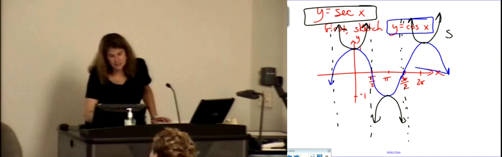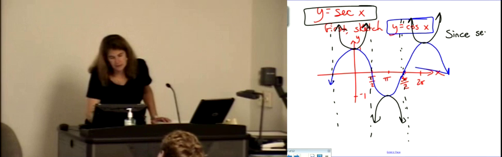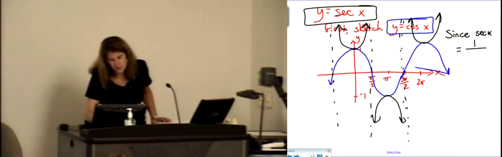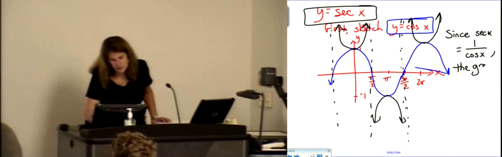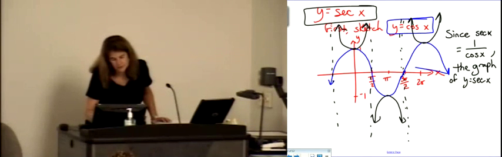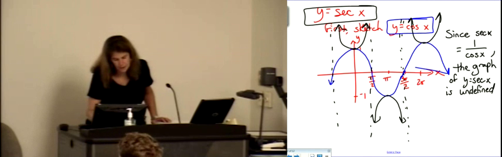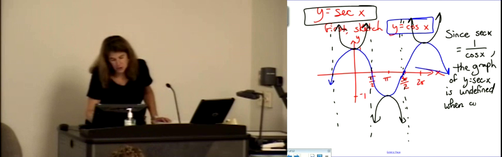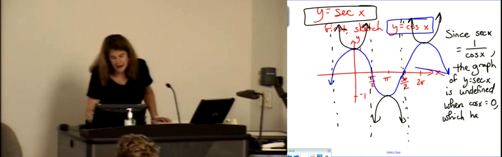Since secant x equals 1 over cosine x, the graph of y equals secant x is undefined when cosine x equals 0, which happens at odd multiples of pi halves.